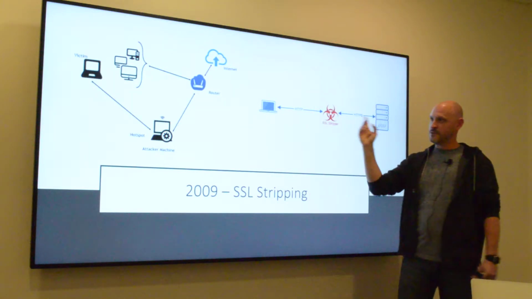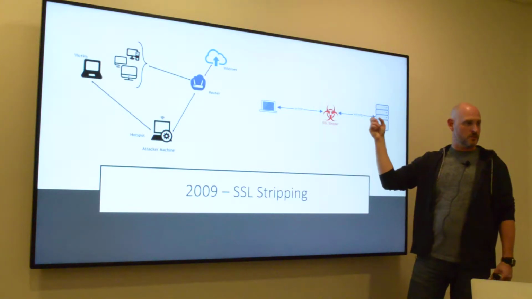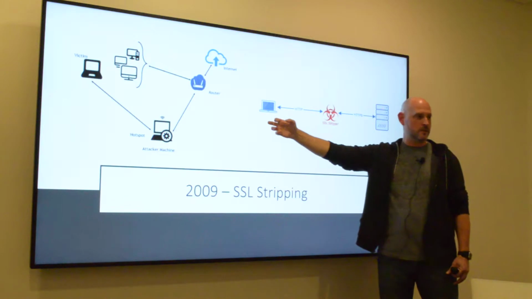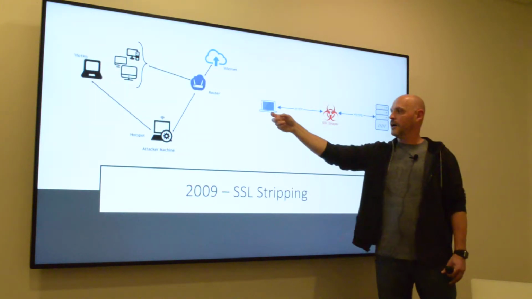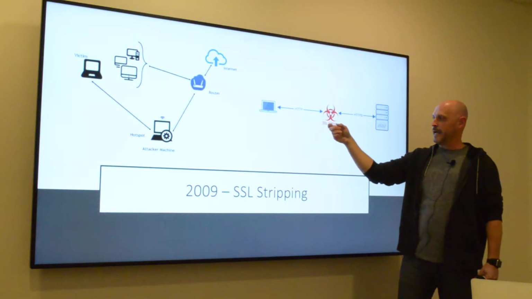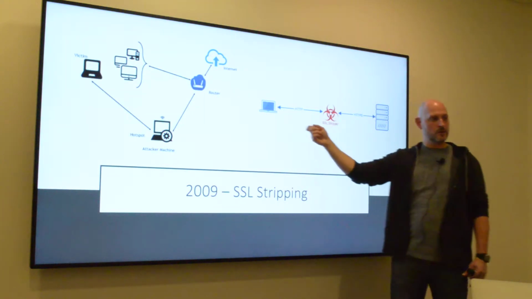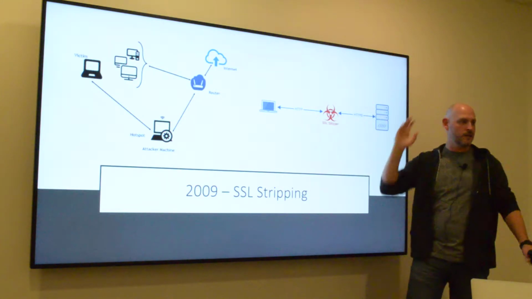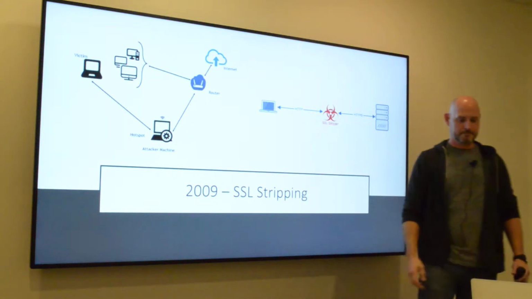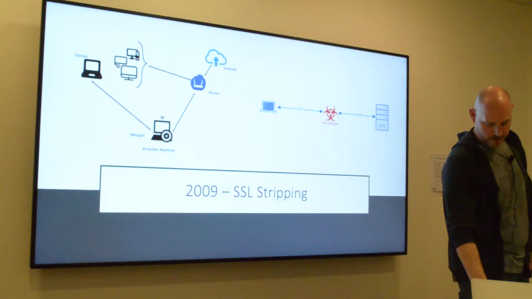This is no longer valid if the servers support it and if the client enforces it. SSL stripper won't work because the client will say, if I can't talk to the server securely, I'm not going to talk to the server. So there's a method of security there.